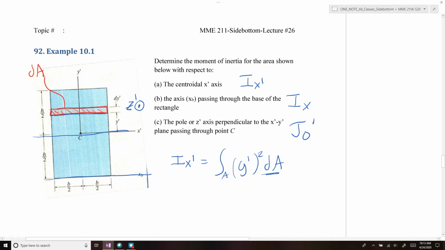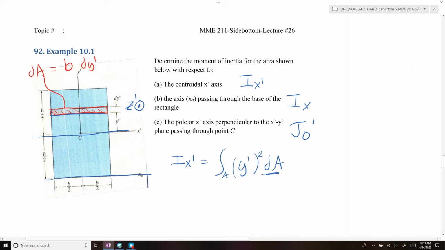That small differential element has a finite width, which is just b, times an infinitesimal height or thickness. In this case the thickness is dy prime.